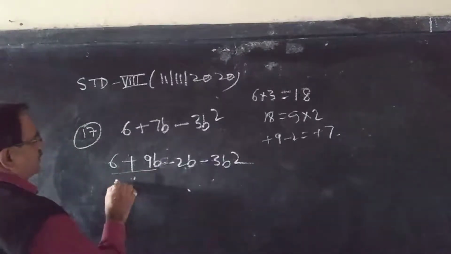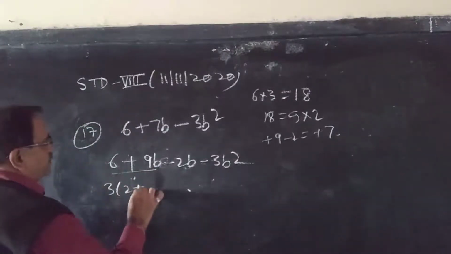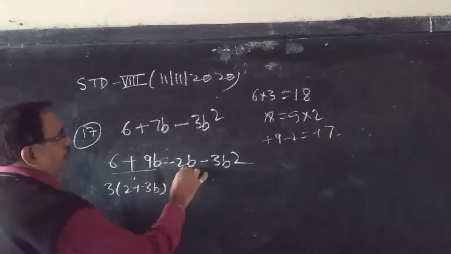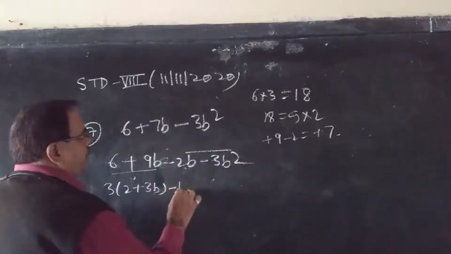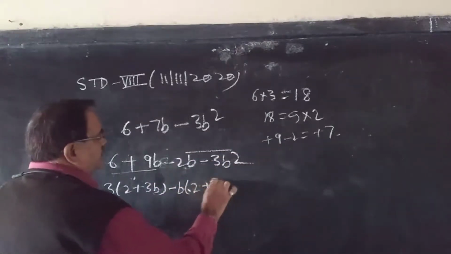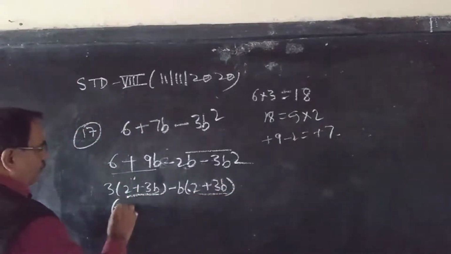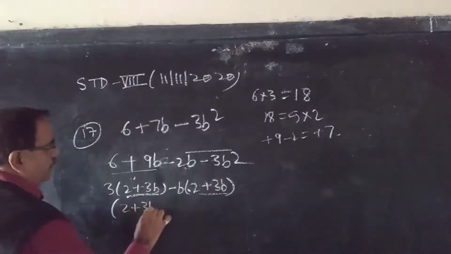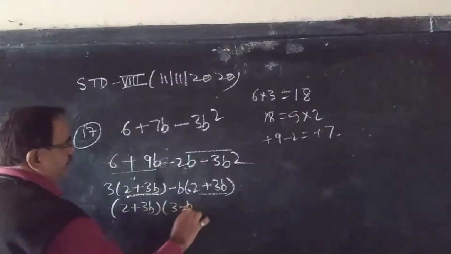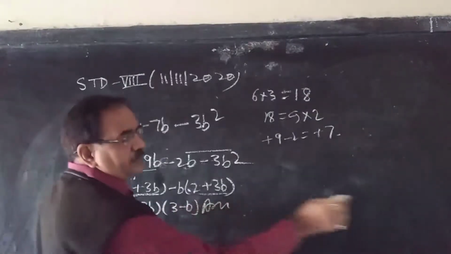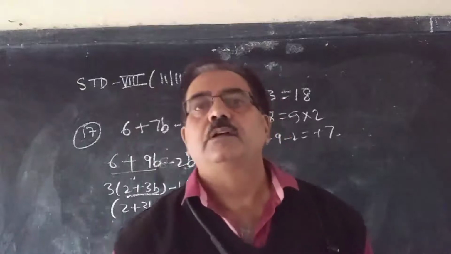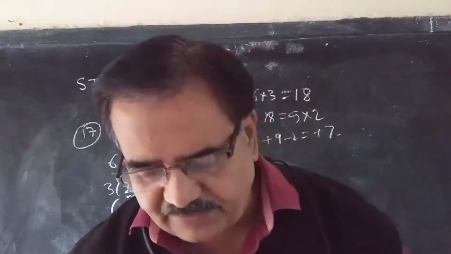Now what is common in the first pair? 3, 2 plus 3b. Here what is common? Minus b, 2 plus 3b. Inside the bracket it is same. So on the whole common is 2 plus 3b and 3 minus b. This is our answer. Right? Do you follow this one? So very simple exercise it is.